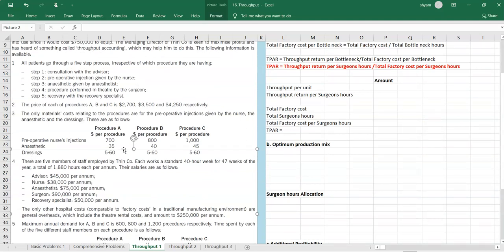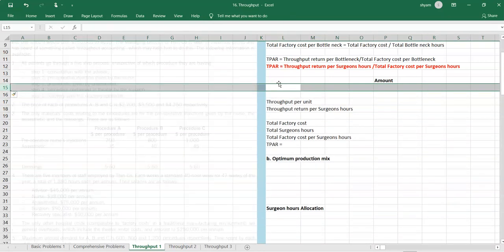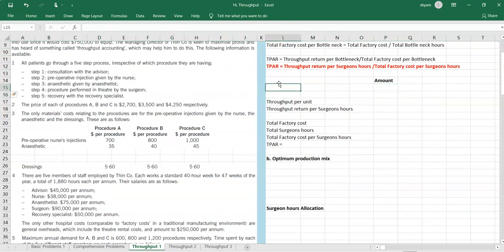So till here at least we'll try to find out the throughput. Throughput per unit at least we'll try to find out. So how do we find throughput per unit? We need to know two things. We need to know the selling price per procedure, as well as the direct material cost per procedure.